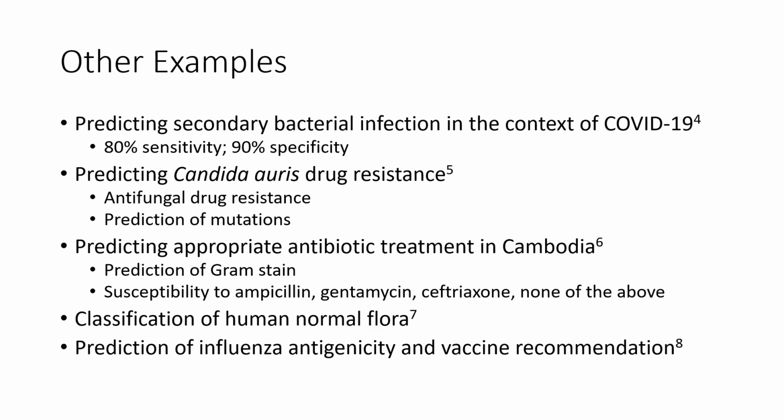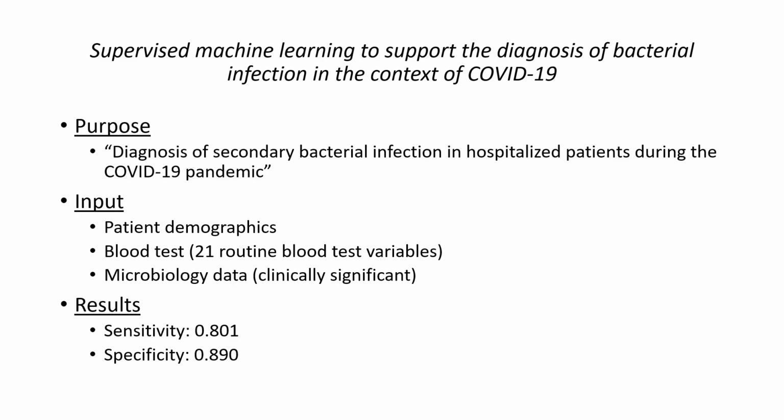Now, before we move on, let's briefly look at some other current examples of machine learning being applied to medicine and microbiology. Machine learning has been shown to improve the accuracy of secondary bacterial infection diagnosis in the context of COVID-19. Like the previous example, information that is already used to guide empiric therapy was used as input to the model, which included information about patient demographics, complete blood count results, and any clinically significant microbiology data.